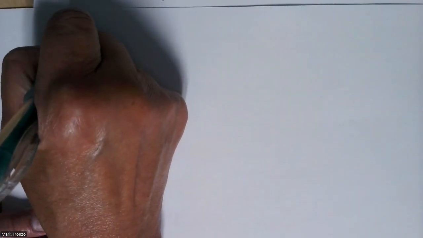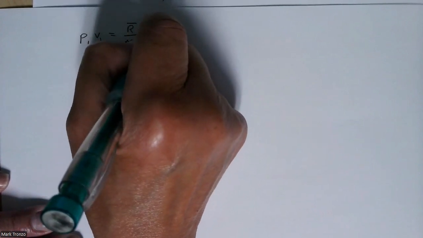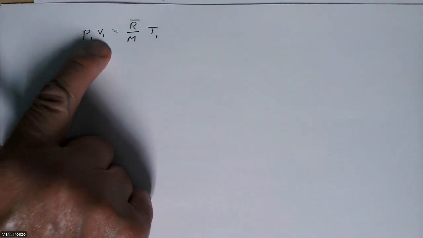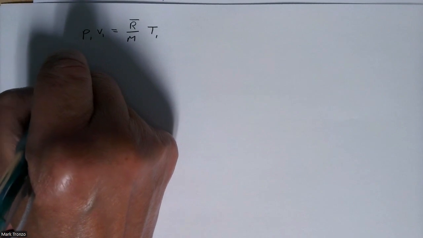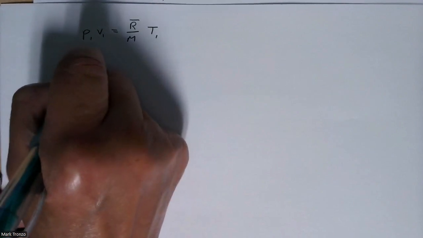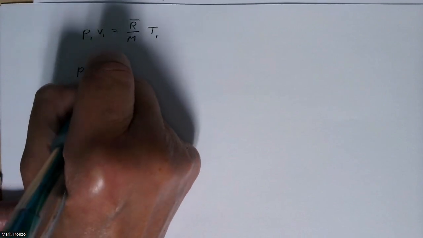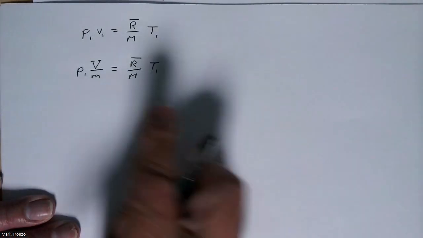Again, remember for the ideal gas law, we'll have P1 V1 equal to this in our initial case. Now, remember this is specific volume, but we're going to need the mass. So we can replace that specific volume with the actual volume divided by the mass. And then we can solve for this.